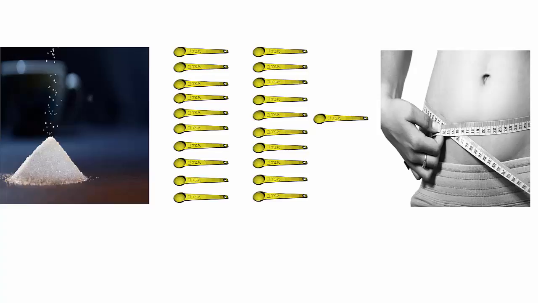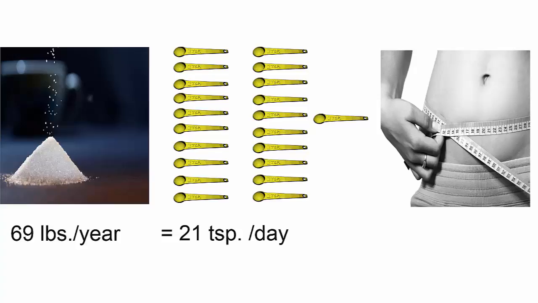Sucrose and many other sweeteners are added to many products in the American food supply. As a result, in 2015, Americans consumed about 69 pounds of sugar per person per year, or roughly 21 teaspoons of refined sugar per day, equaling more than 336 calories that most of us do not need in our diets.